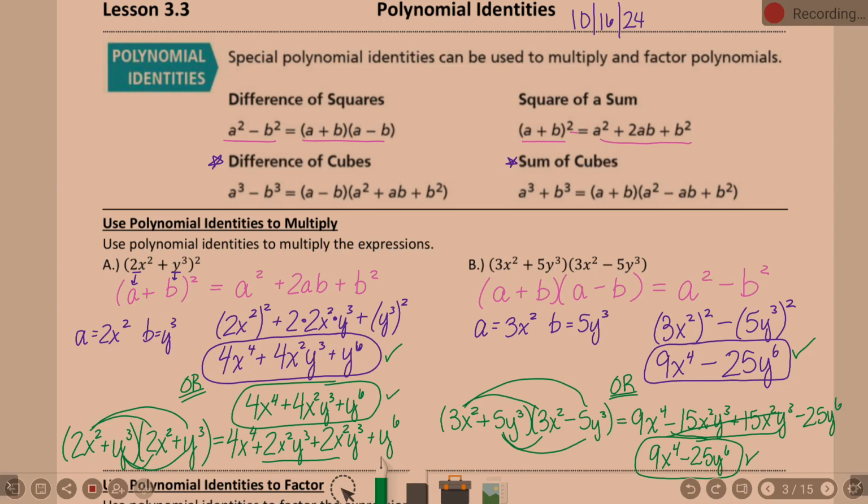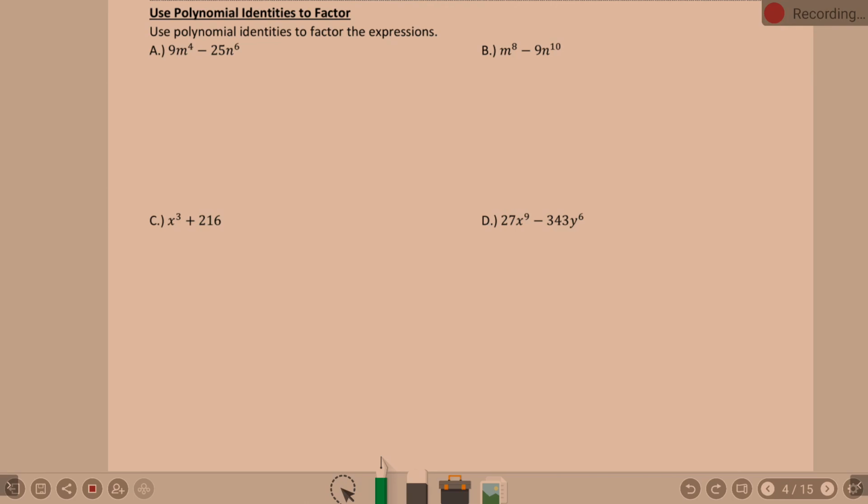The key is, as you look at the example, are they perfect squares or are they perfect cubes? So 9m to the 4th and 25n to the 6th. Are those values you can take the square roots of or the cube roots of? Square root. Those are perfect squares, aren't they? Okay, so that means that this is the difference of squares.